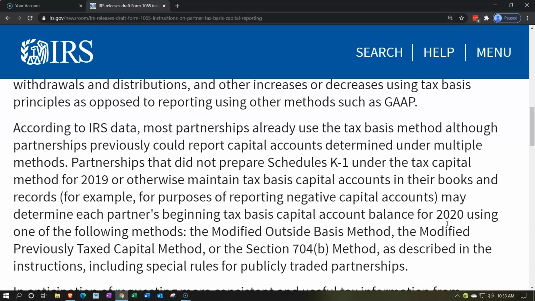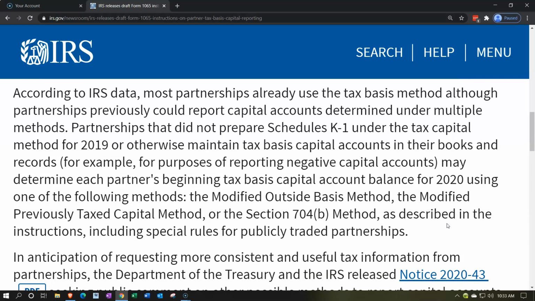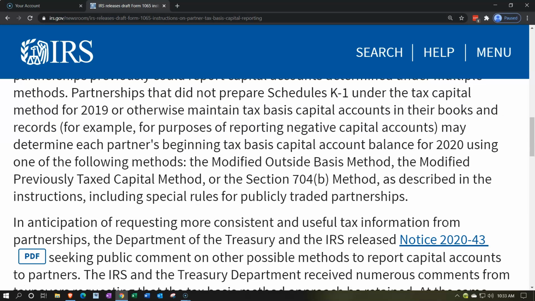Partnerships that did not prepare Schedule K-1 under the tax capital method for 2019 or otherwise maintain tax basis capital accounts in their books and records, for example, for purposes of reporting negative capital accounts, may determine each partner's beginning tax basis capital account balance for 2020 using one of the following methods: the modified outside basis method, the modified previously taxed capital method, or the Section 704(b) method as described in instructions, including specific rules for publicly traded partnerships.